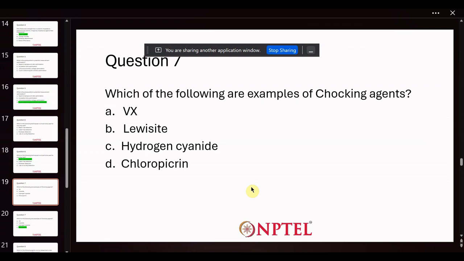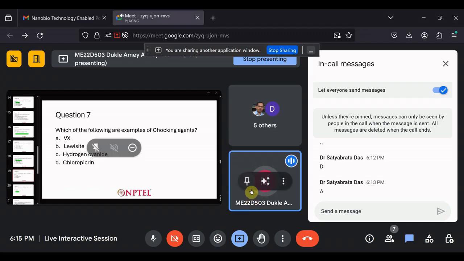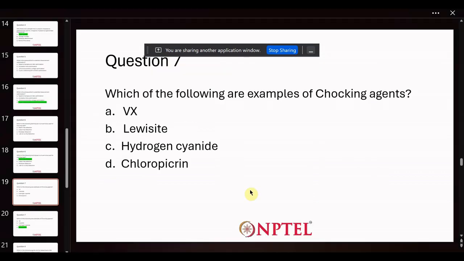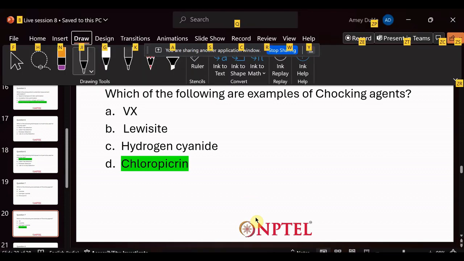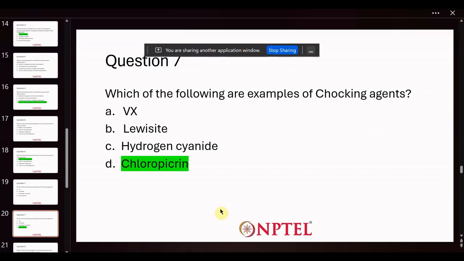So again, you need to know this type of thing. There is nothing that we can actually explain to you. The answer is chloropicrin. These kinds of questions will be asked, so you may have to go through the slides once to know the answers.